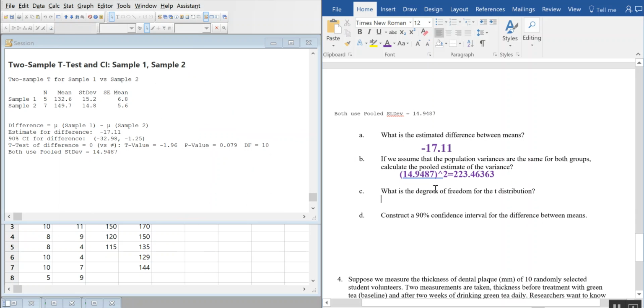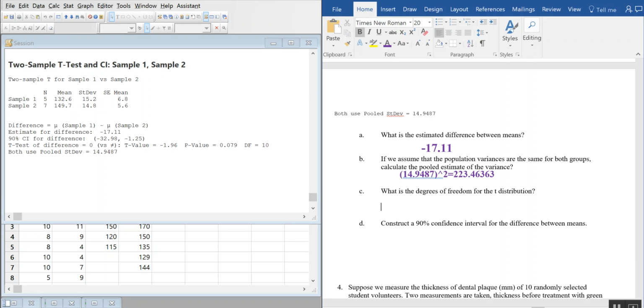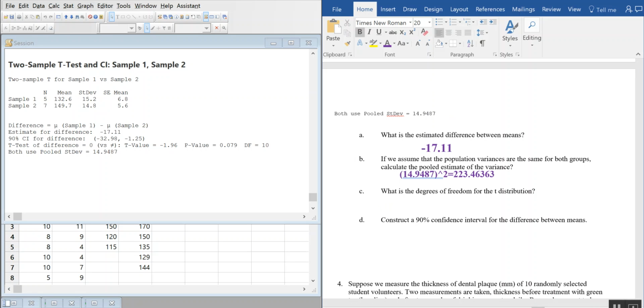Anyway, next up, what's the degrees of freedom? It's 10. Why is it 10? Because if you remember how this is calculated, although it's given to you in Minitab, I'm going to calculate it.